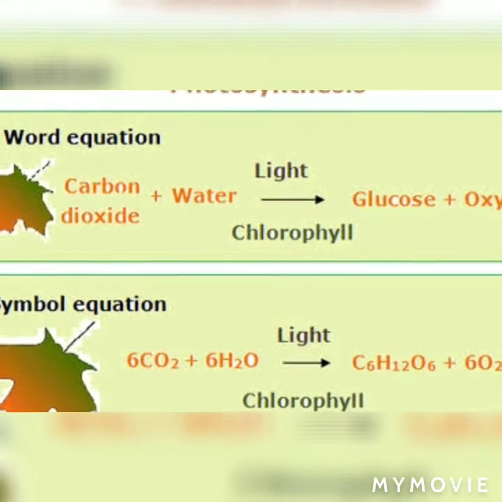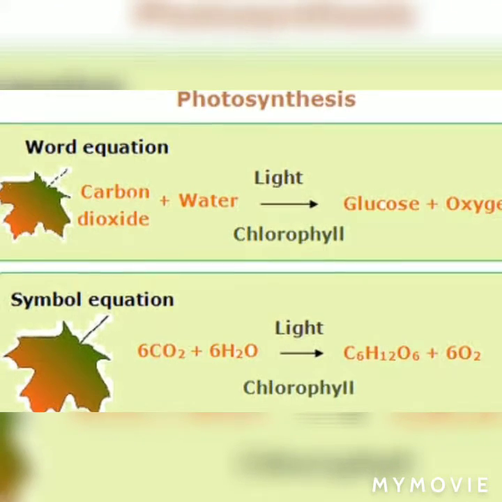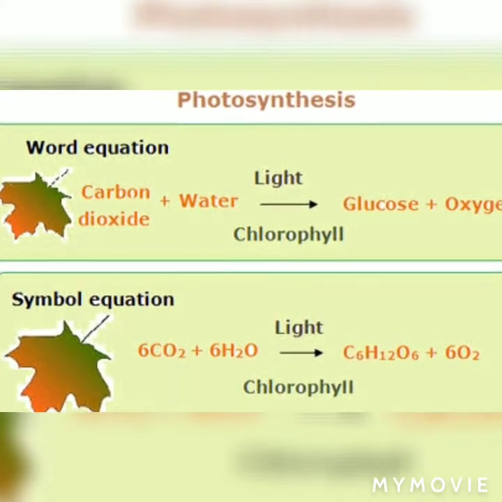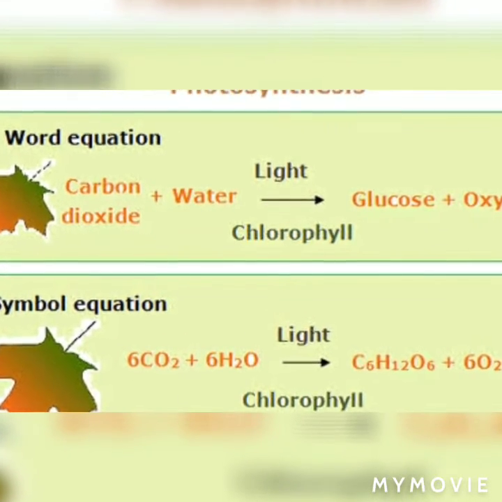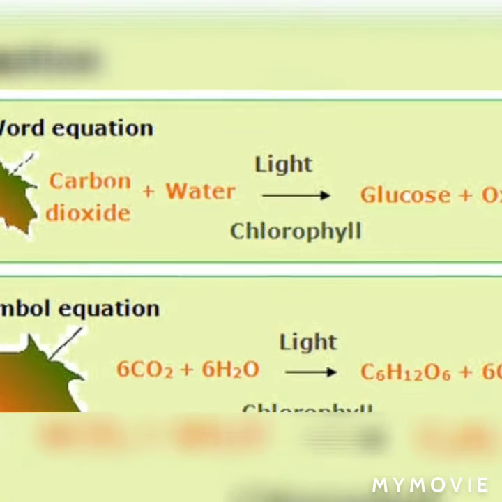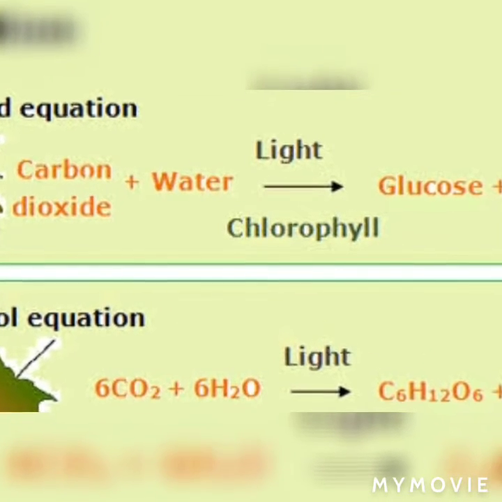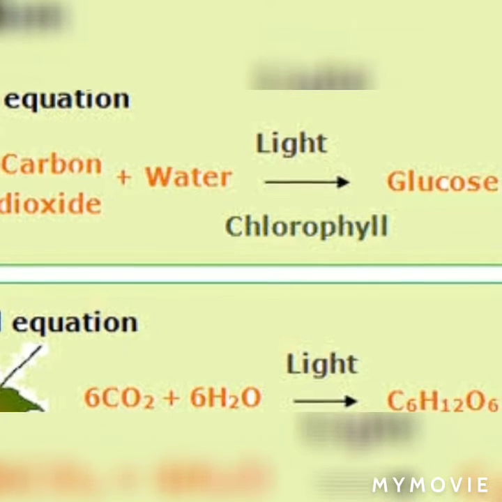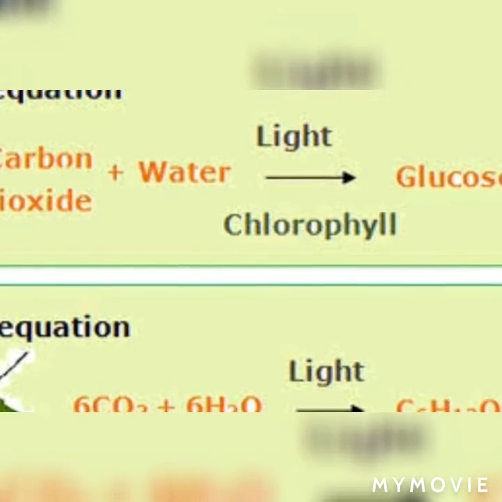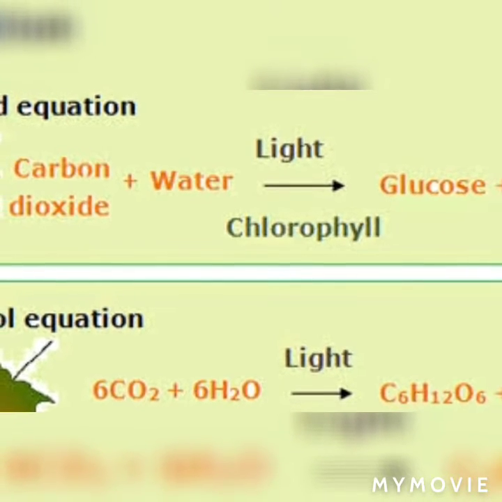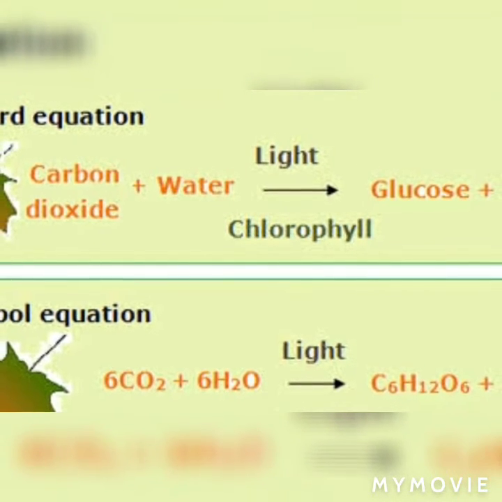We also classified nutrition based on the source as autotrophic mode of nutrition and heterotrophic mode of nutrition. Autotrophic mode of nutrition is wherein the green plants make their own food. And heterotrophic nutrition is where the organisms depend on other organisms for food.